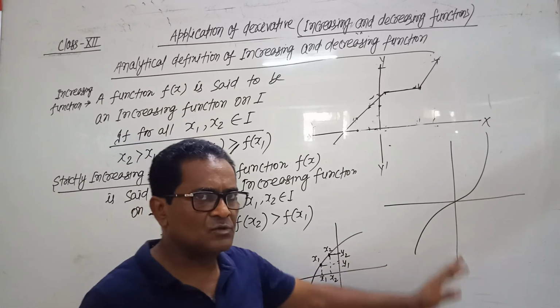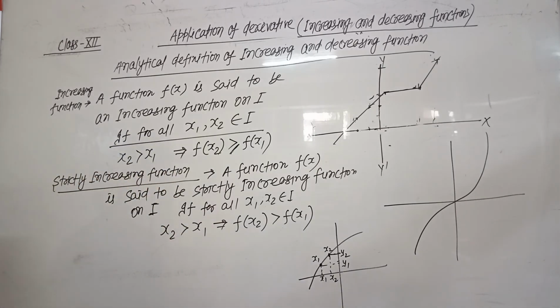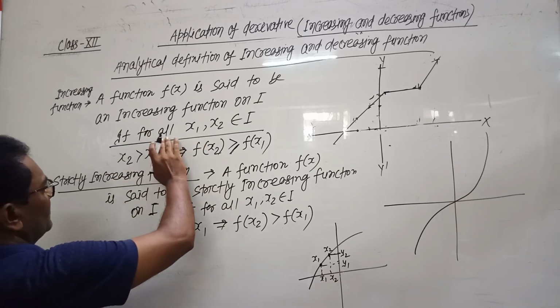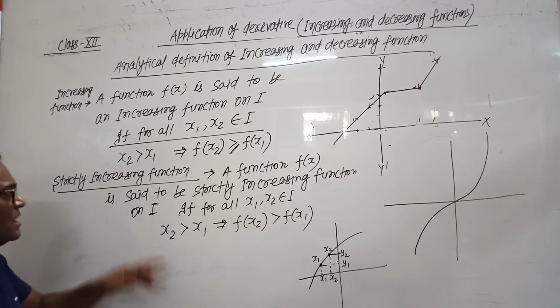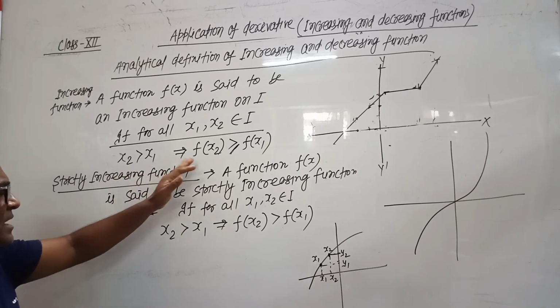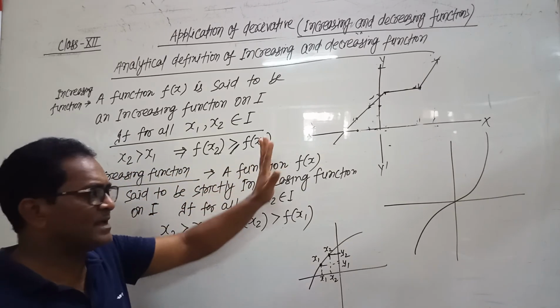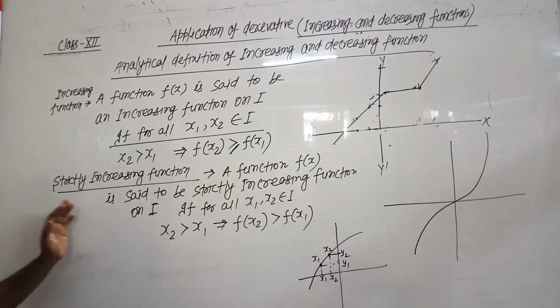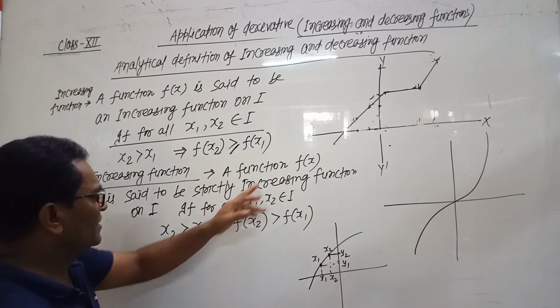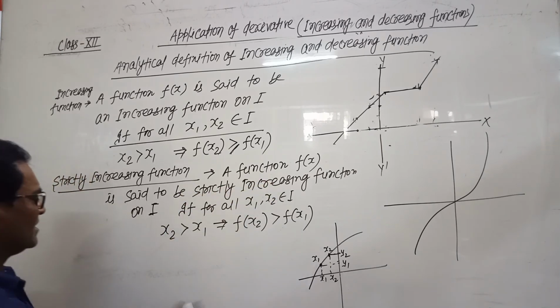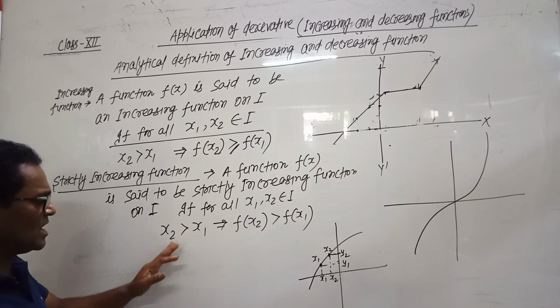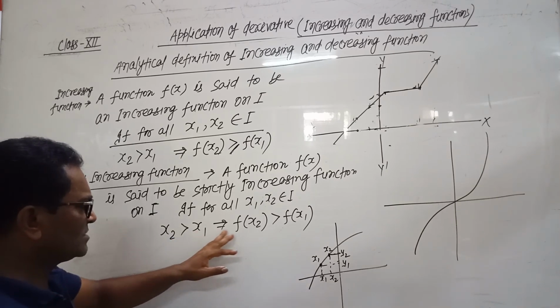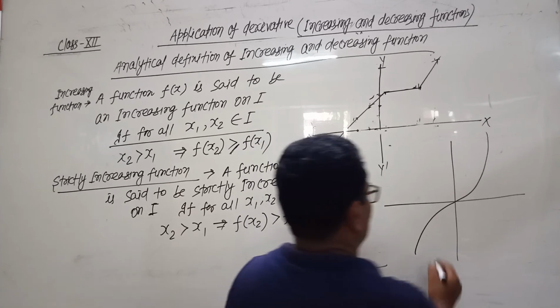So these are the two graphs of a strictly increasing function, and the first one was the graph of an increasing function alone. So for an increasing function, if for x1, x2 belonging to I, x2 is greater than x1, this implies f(x2) is greater than or equal to f(x1). And a function is said to be strictly increasing if for all x1, x2 belonging to I, x2 greater than x1 implies f(x2) is greater than f(x1).